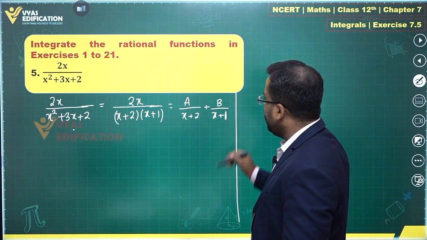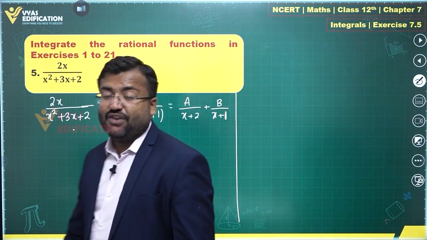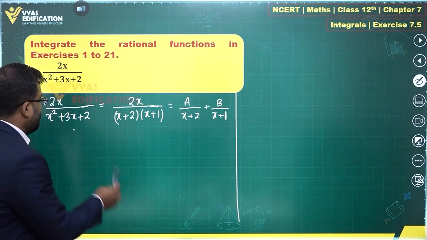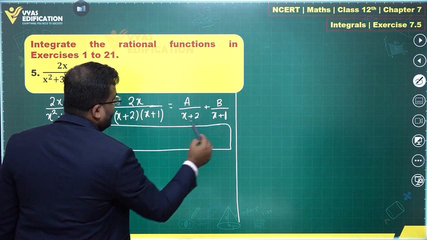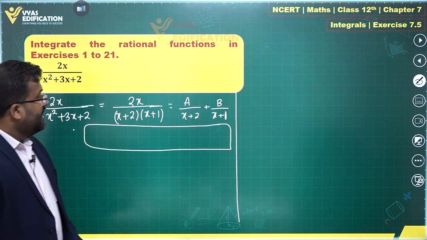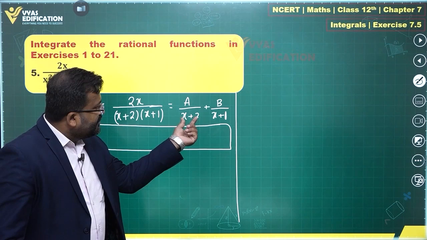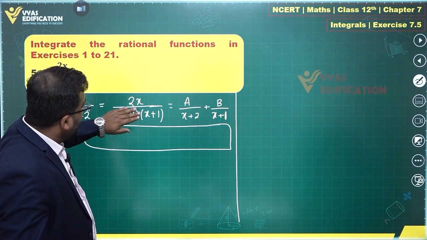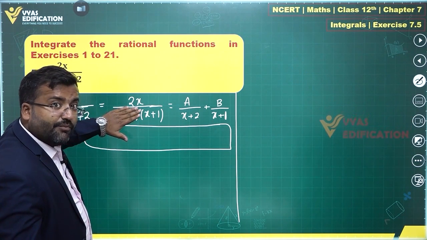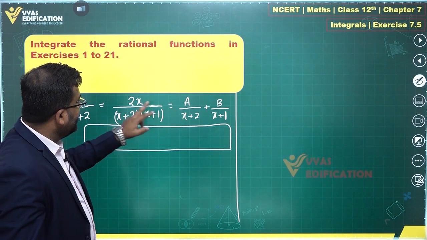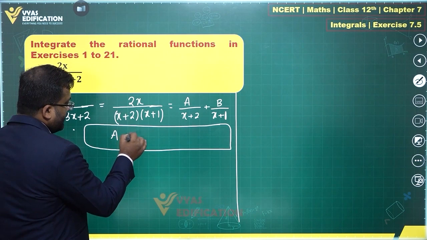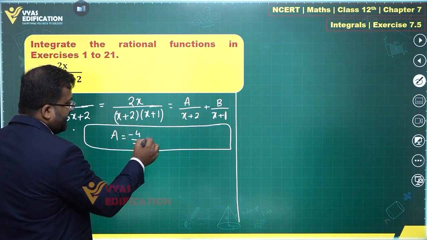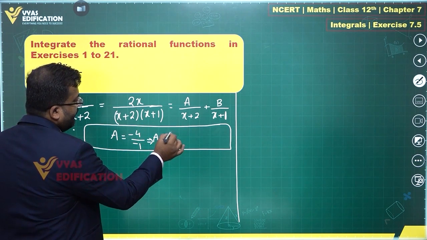Okay, what about the values of a and b? Oh, we need some shortcuts. We have some shortcuts for finding the values of a and b. So, let us find the values of a and b in this box using that idea. For a, you'll have to substitute x equal to minus 2 by removing this. So, x equal to minus 2, this becomes minus 4, and minus 2 plus 1, which is minus 1, that tells me a equals 4.